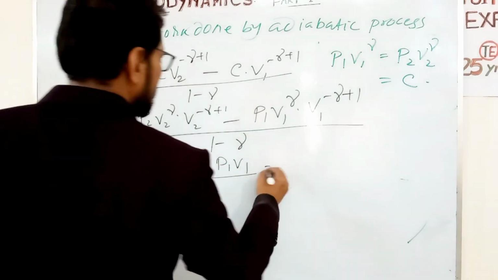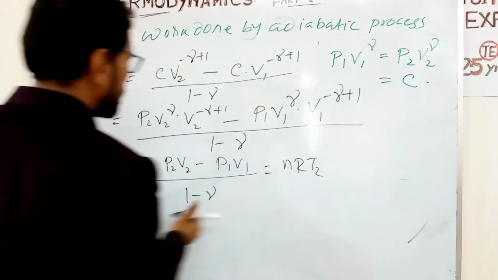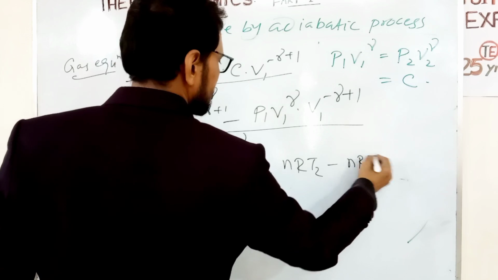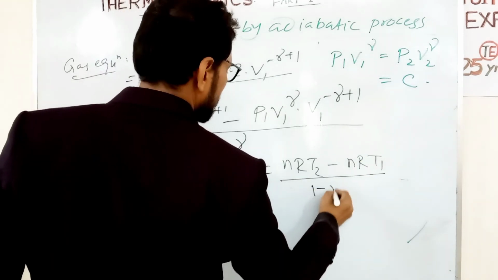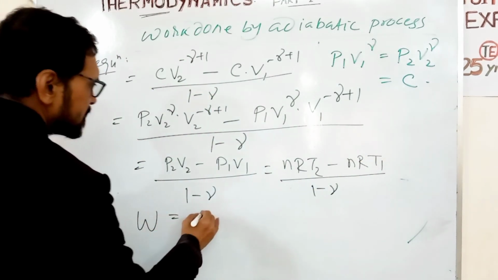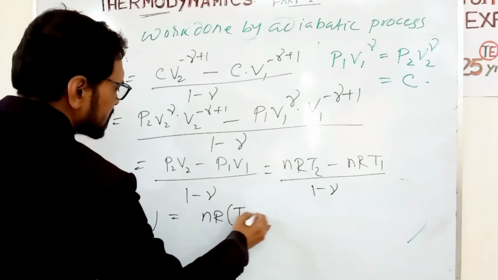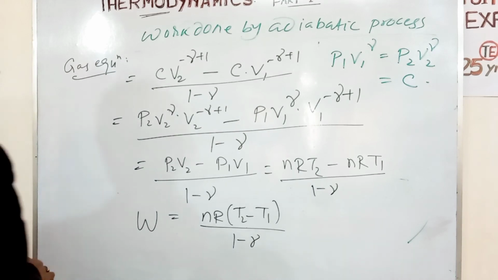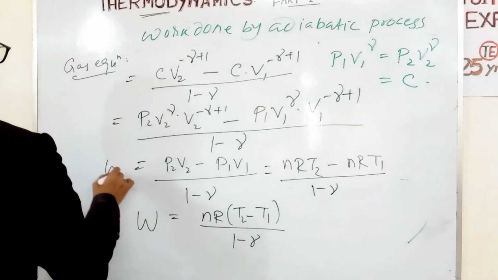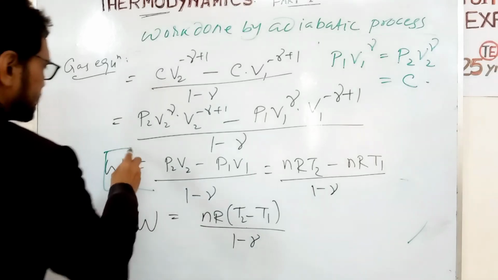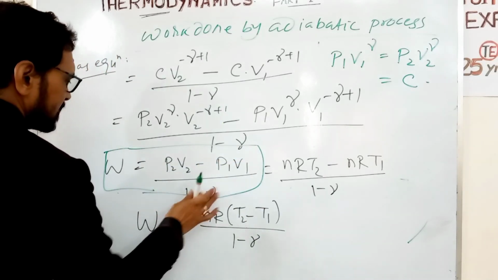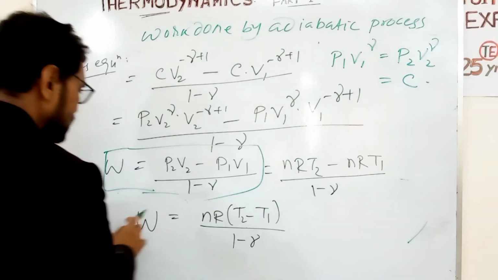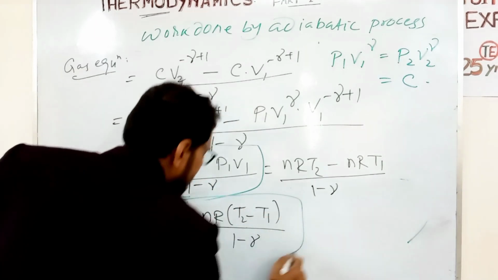Now P2 V2 equal to nR T2, so when the pressure is P2 and volume V2, the temperature is T2. The work done in the adiabatic process becomes nR (T2 minus T1) by 1 minus gamma. So these are the two formulas for the work done in the adiabatic process.